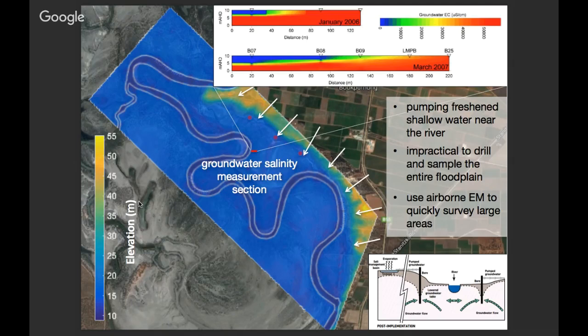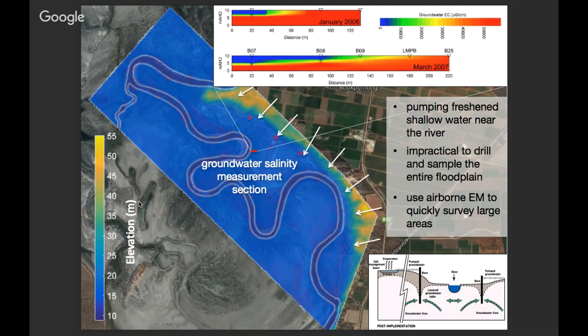The blue is basically fresh water, and from 2006 to March 2007, after they had been pumping fresh water in, the blue area extended back. That's a combination of pumping fresh water in and pulling water out of these back regions.